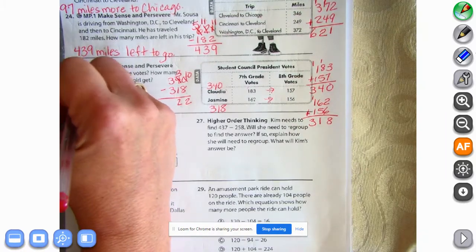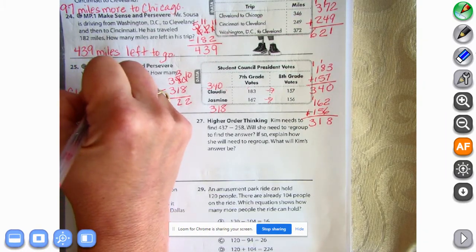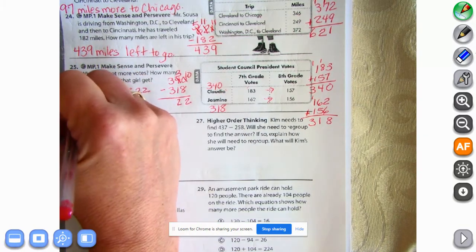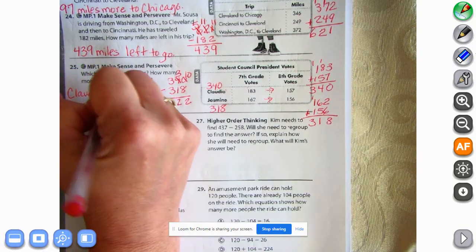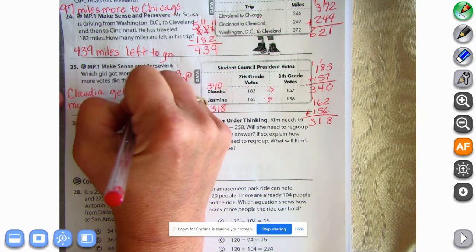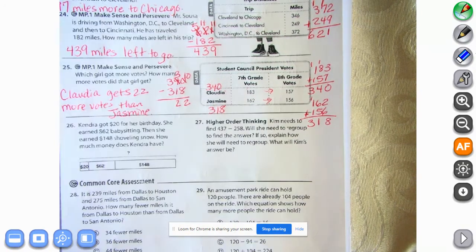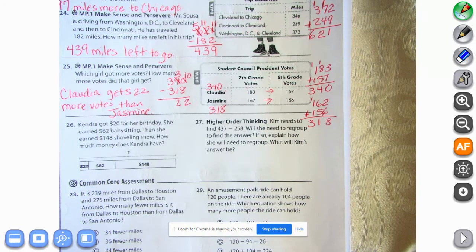So Claudia gets 22 more votes than Jasmine. Okay, so go ahead and pause this so you can get it all written down.